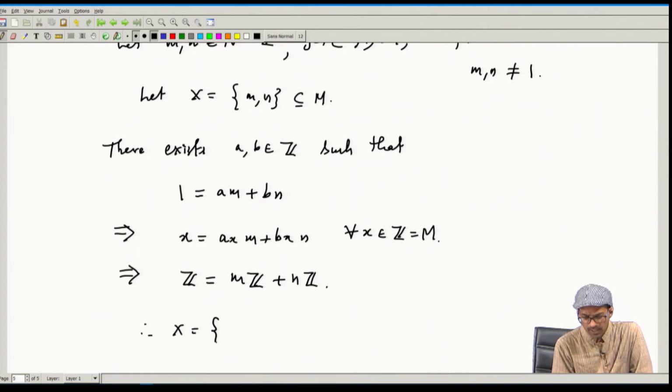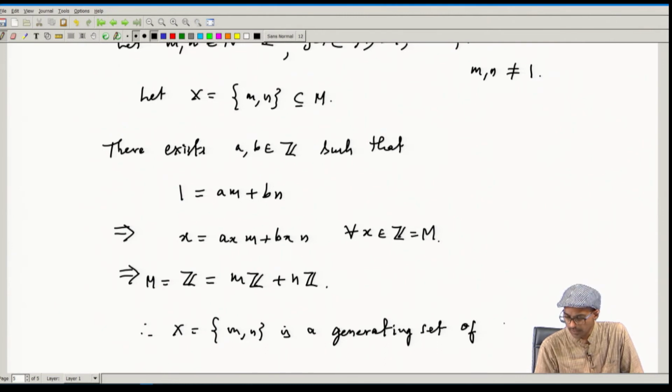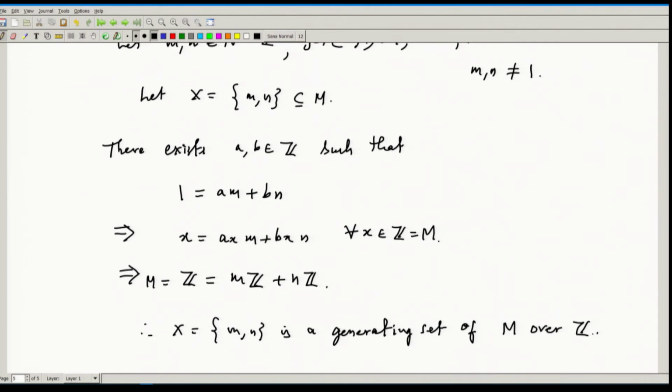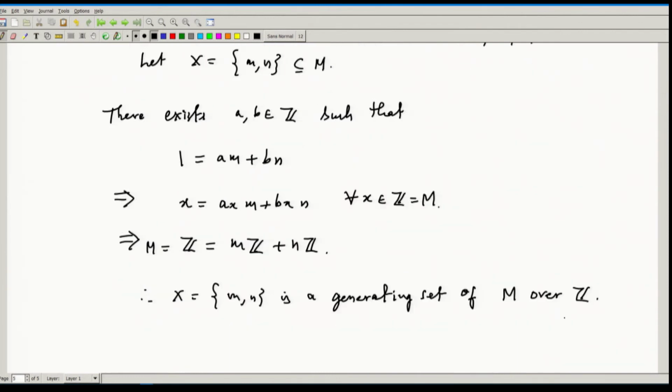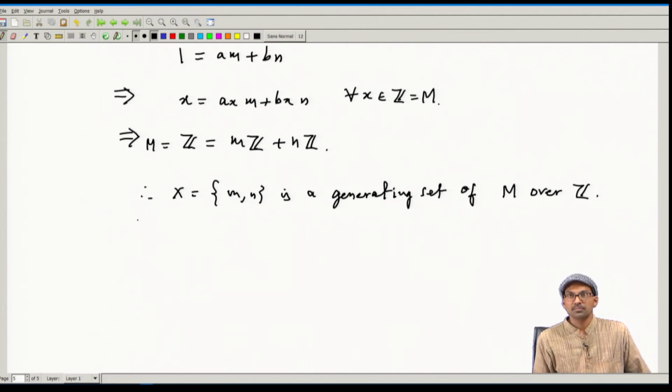So, that means that X, if we take {m, n}, of course this is our M, this is a generating set of M over the ring R, which is equal to Z. Okay. {m, n} is a generating set, but X is not a basis.